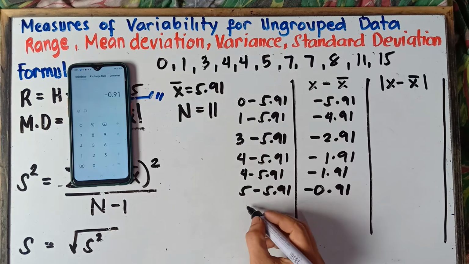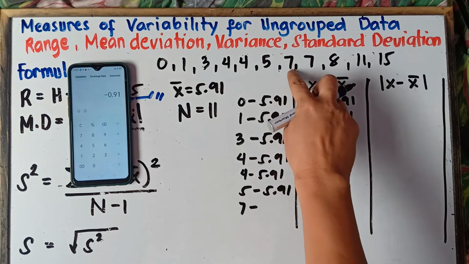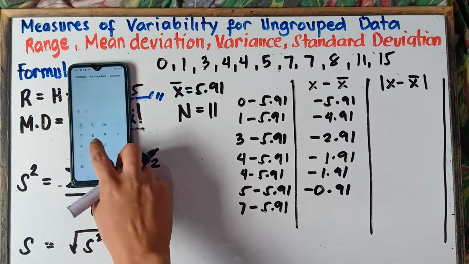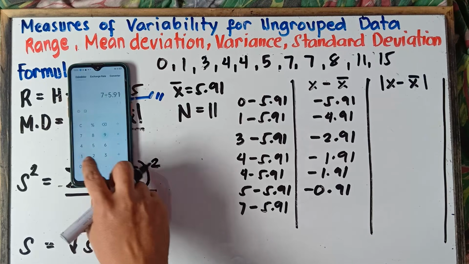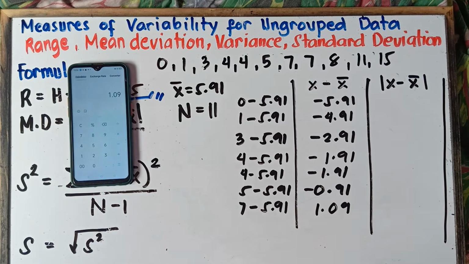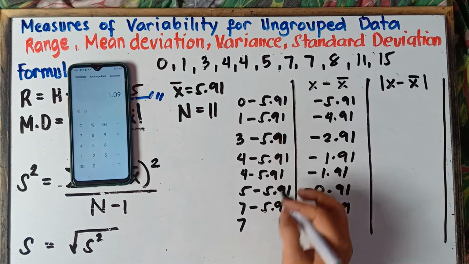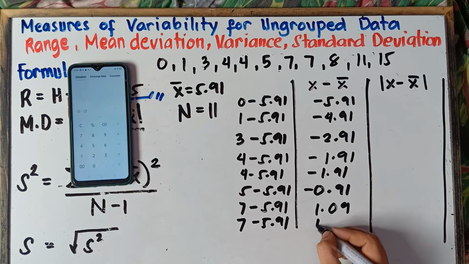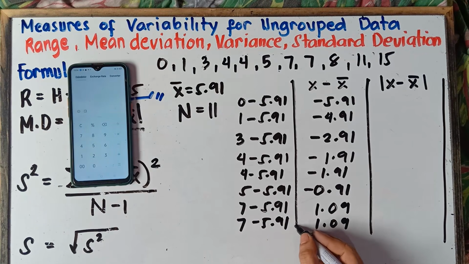7 minus 5.91, once again, this sample minus the mean, 7 minus 5.91, that would be positive 1.09. And then we have another 7, 7 minus 5.91, so that's positive 1.09.